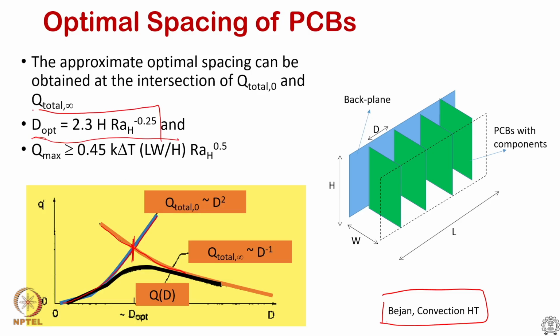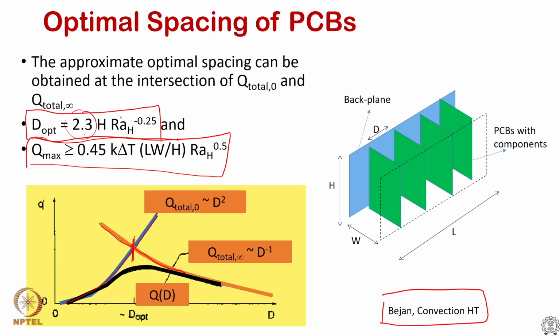It turns out to be a function of the Rayleigh number and this factor 2.3, and using this D optimum in any of these expressions will fetch you the Q maximum that can be obtained as well. So, this gives us an idea of how to obtain maximum heat transfer, or optimize the spacing between PCBs or heat sink fins to achieve maximum heat transfer.